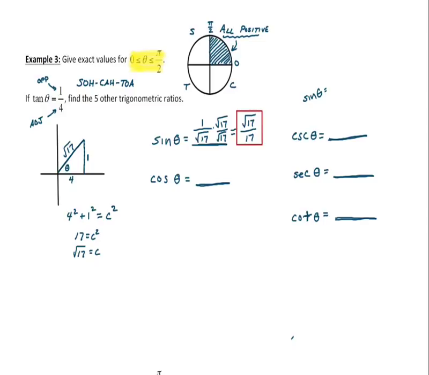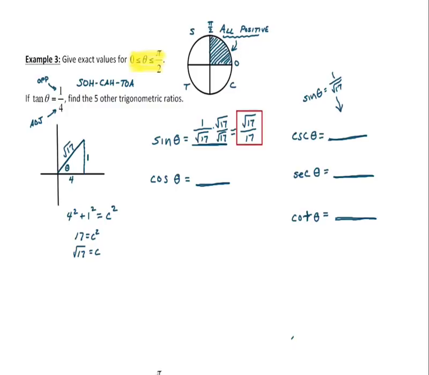Now, if I want to find cosecant of theta, remember cosecant of theta is the reciprocal of sine of theta. Instead of taking the reciprocal of √17 over 17, which you can do, but then you'd have to rationalize, I'm going to think of the unrationalized version of sine, which is 1/√17.